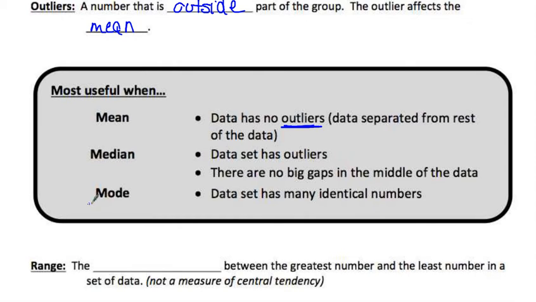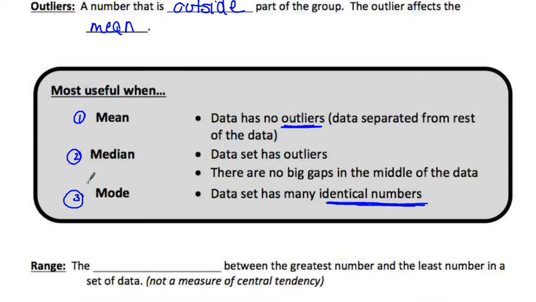Then we also have the mode. We rarely use the mode unless the set has a lot of identical numbers. So these are when they're most useful, and you're going to need to know that. The mean is our first choice because we say it first. If there's an outlier, we jump to median. And then if there's a lot of identical numbers, then we'll use the mode, but that's the only other time.